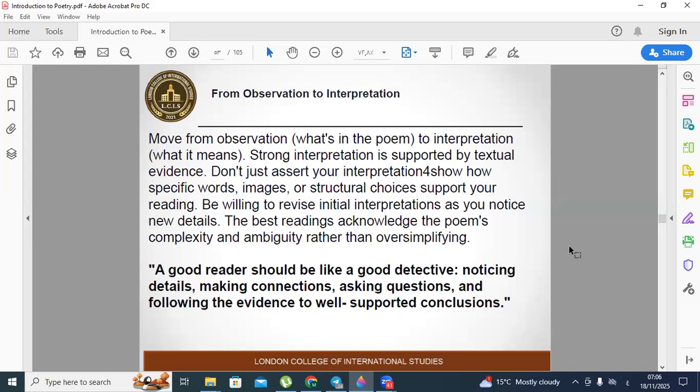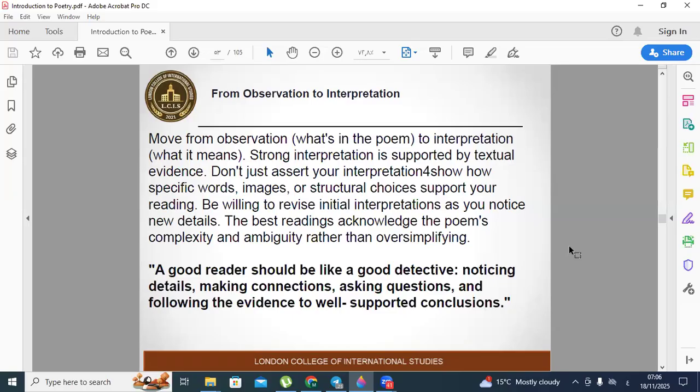You might think a poem is simply about nature, then realize the nature imagery symbolizes something else. The best readings acknowledge the poem's complexity and ambiguity rather than oversimplifying.